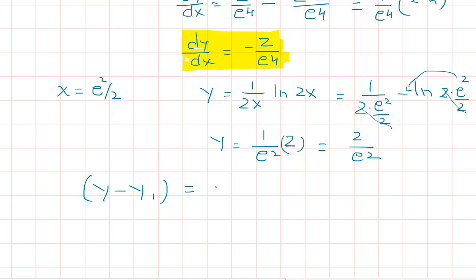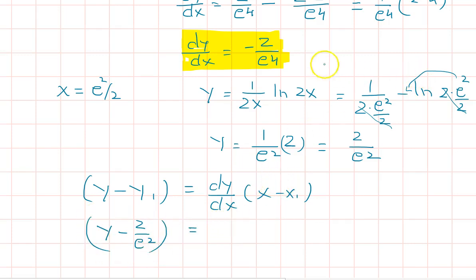So y minus y1 is equal to dy over dx times x minus x1. So y minus y1 is 2 over e square, which is equal to dy over dx, minus 2 over e to the power 4, times x minus x1, which is e square over 2.